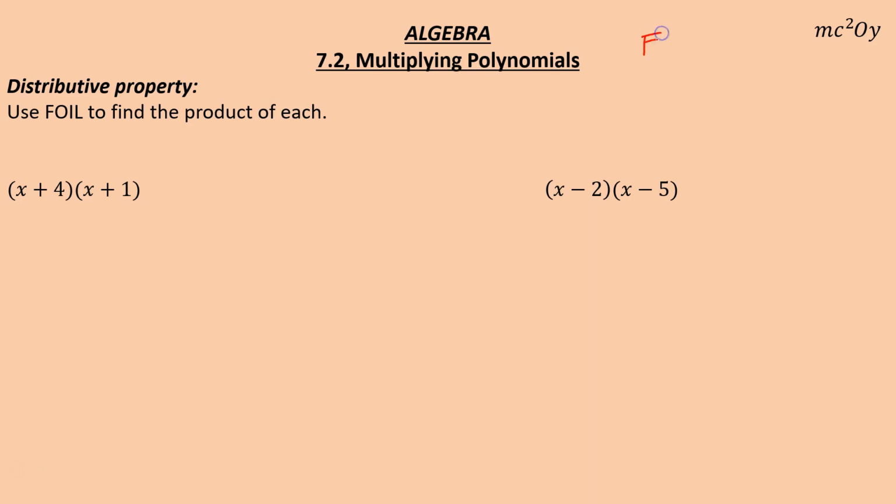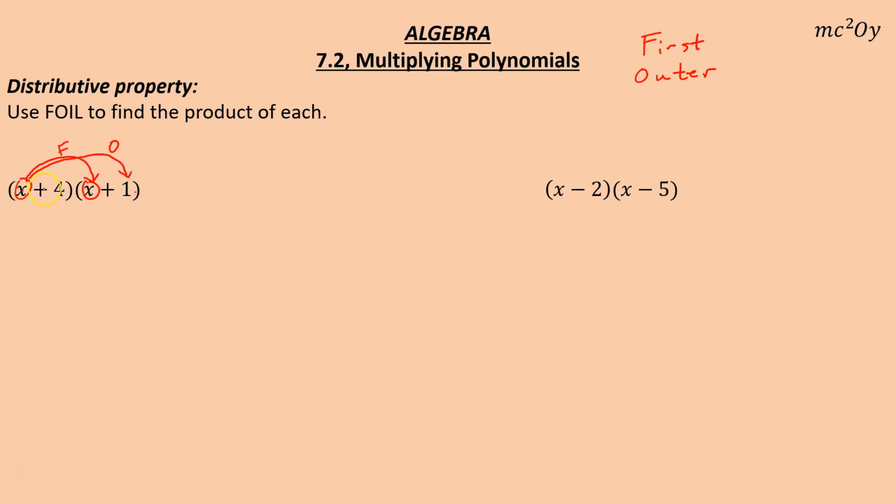FOIL is an acronym. It stands for first. Okay, so that means if I look at a binomial times a binomial, the first term times the first term. That's first. O is outer. That means I am multiplying the outer term here times the outer term over here.